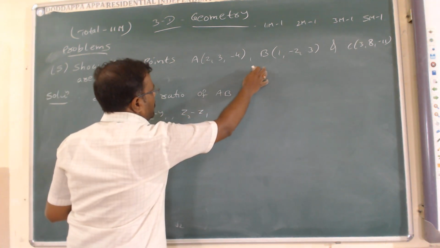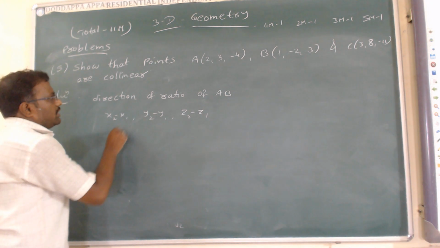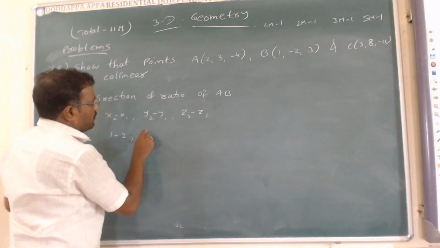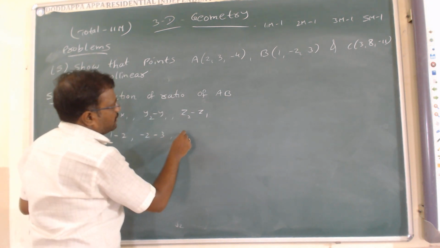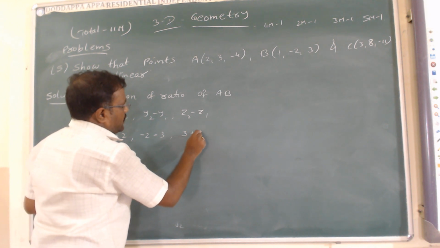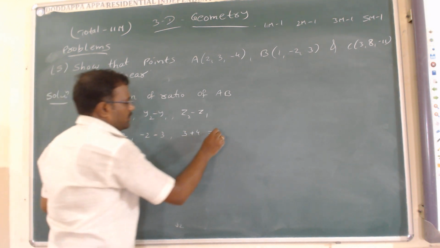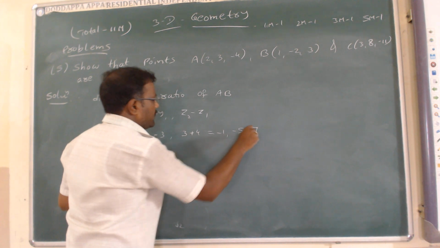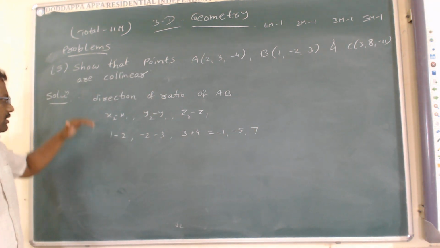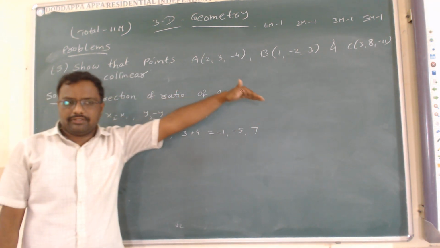Here for A and B, x2 is 1, x1 is 2, y2 is minus 2, y1 is 3, z2 is 3, minus of minus plus 4. So we get minus 1, minus 5, 7. This is the direction ratio of AB.